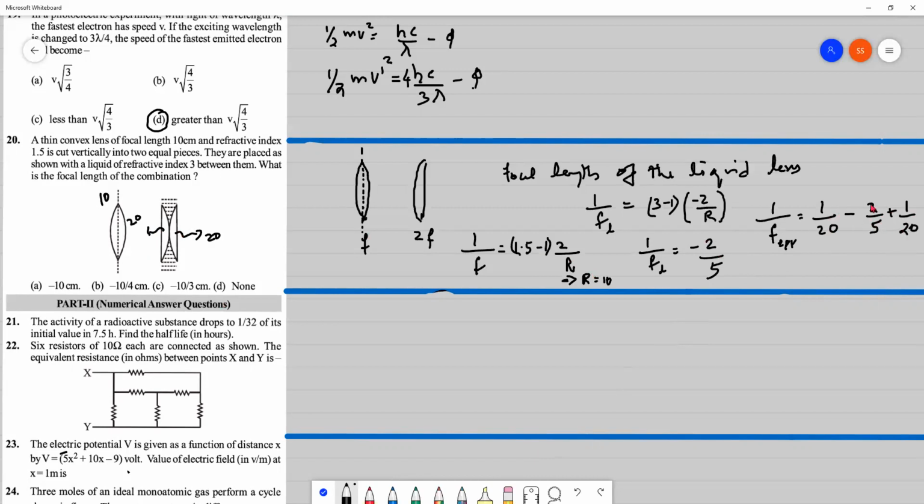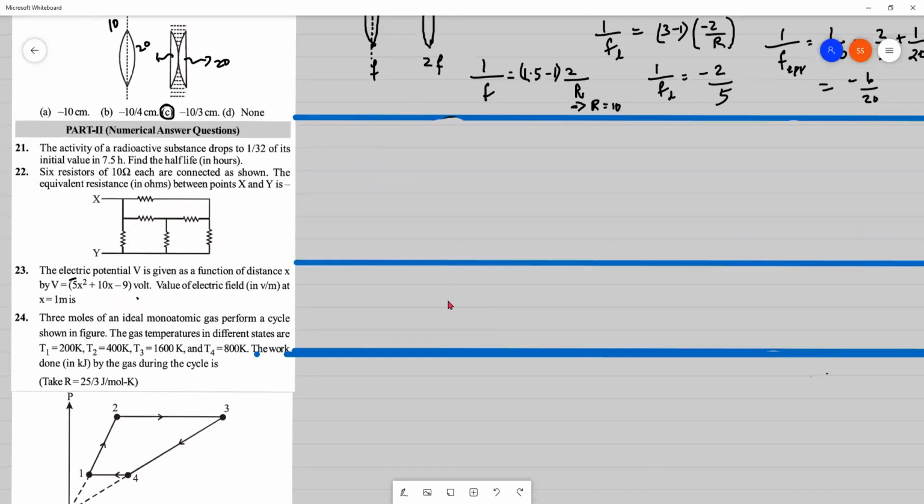So you can write it as minus 8 plus 2 by 20, which becomes minus 6 by 20. So the focal length is minus 10 by 3. This should be the right answer.